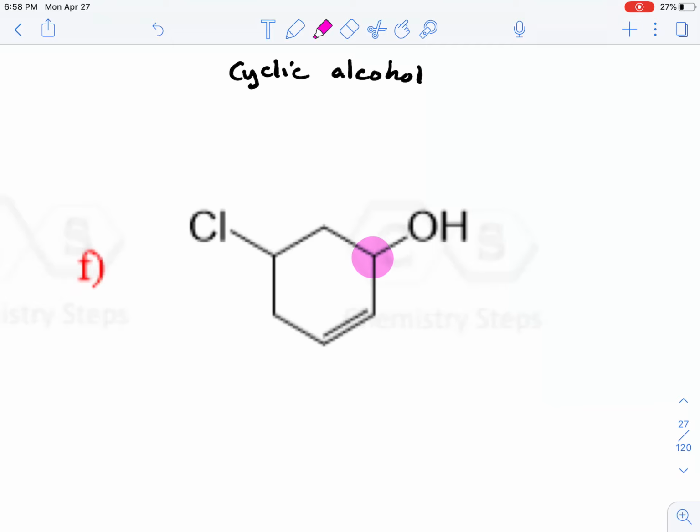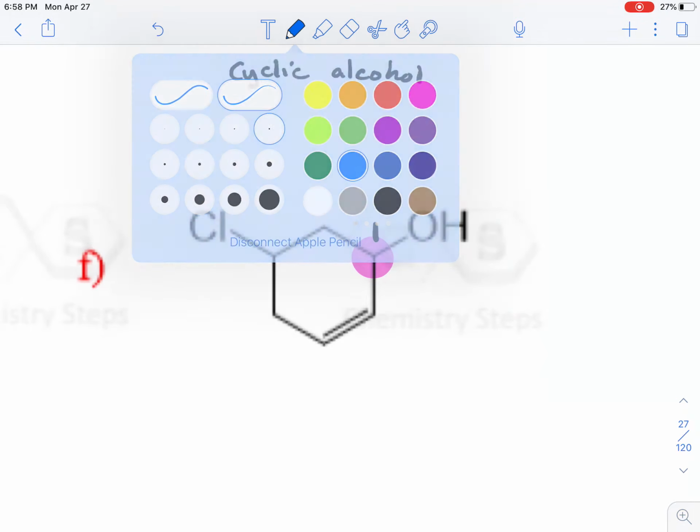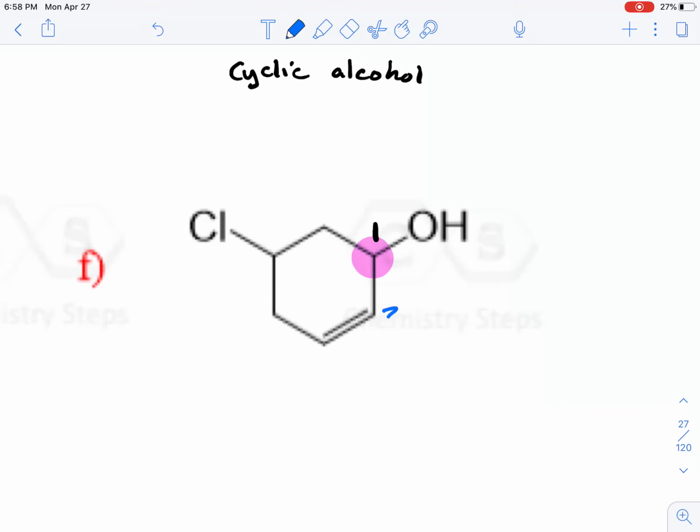And so that tells me that wherever that alcohol is, that's going to be carbon number 1. And now I just need to figure out my numbering system. And so if I go clockwise, I get 1, 2, 3, 4, 5, 6. If I go counterclockwise, I have 1, 2, 3, 4, 5, 6.